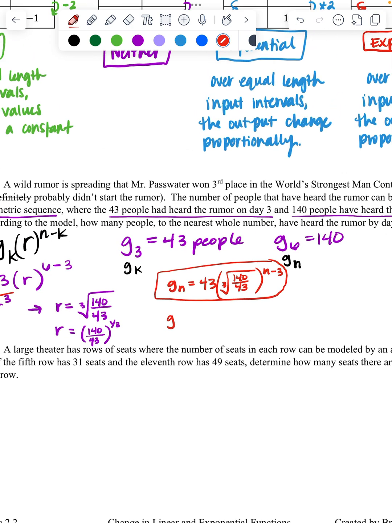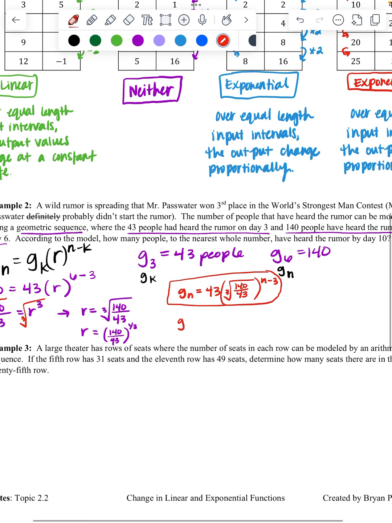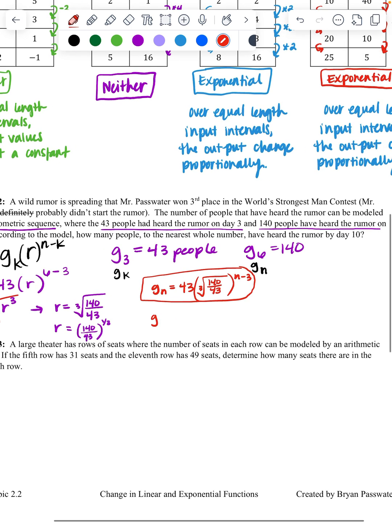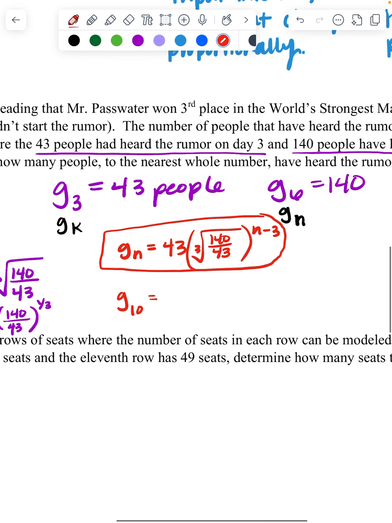So really, we're being asked, I didn't finish reading this, according to the model, how many people to the nearest whole number have heard the rumor by day 10? So this is telling us to find G sub 10. So we're going to go ahead and plug that in. Calculator handy. Again, I'm going to make sure I have those two different versions on screen to help you see what our R value is.